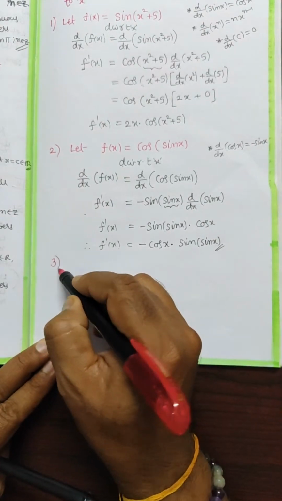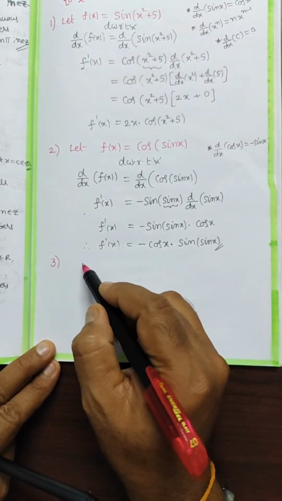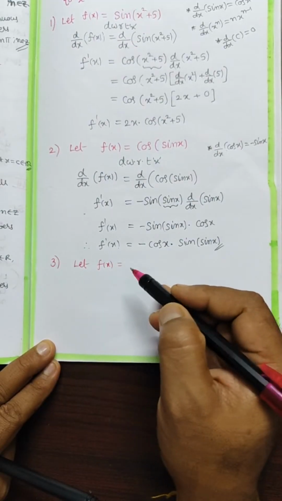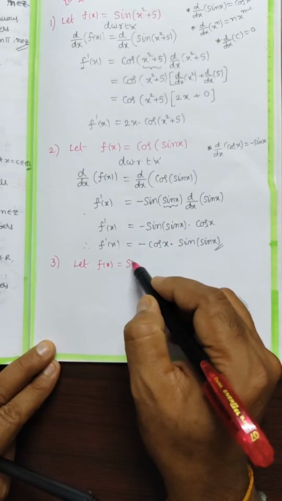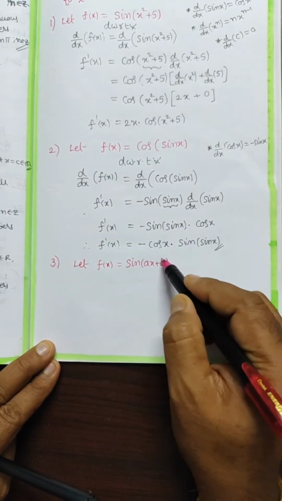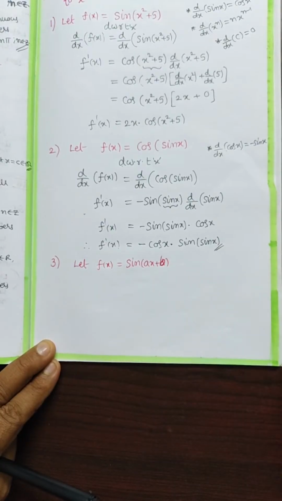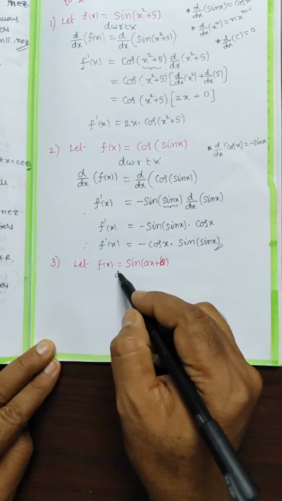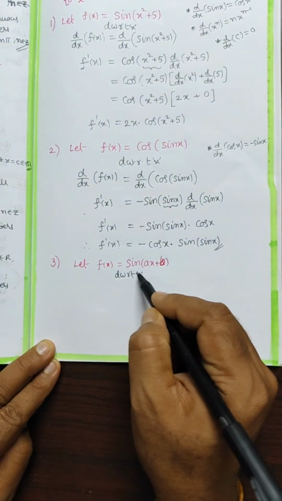So, question number 3, let the function be f of x equal to sine of ax plus b. We have already done this two times here. Differentiate with respect to x.